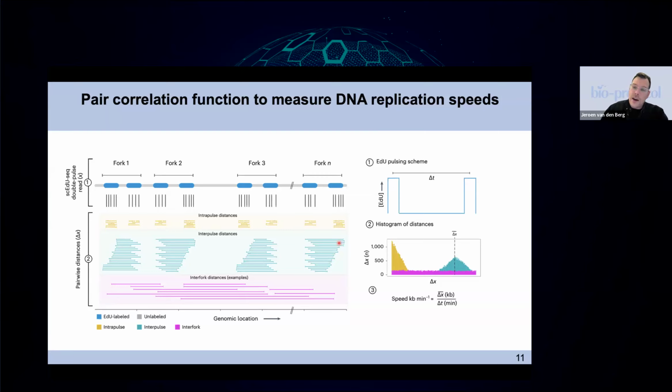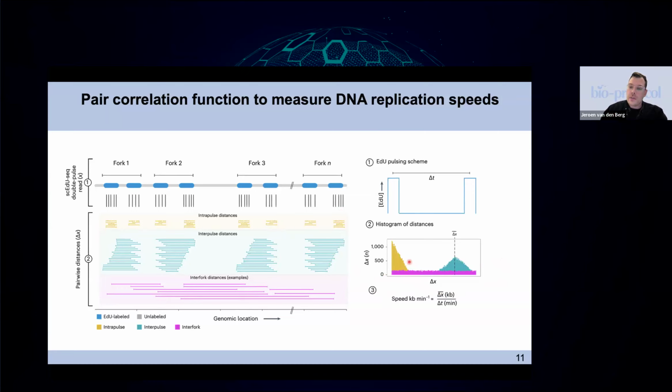So we thought that if we take only the distances and ask how frequent these distances are occurring in these single cells, we can build up a histogram of distances, so to say.